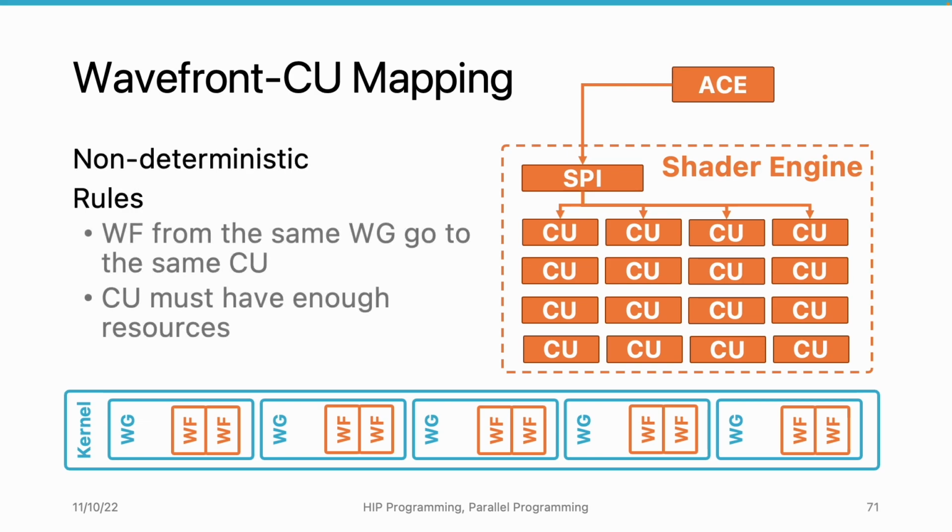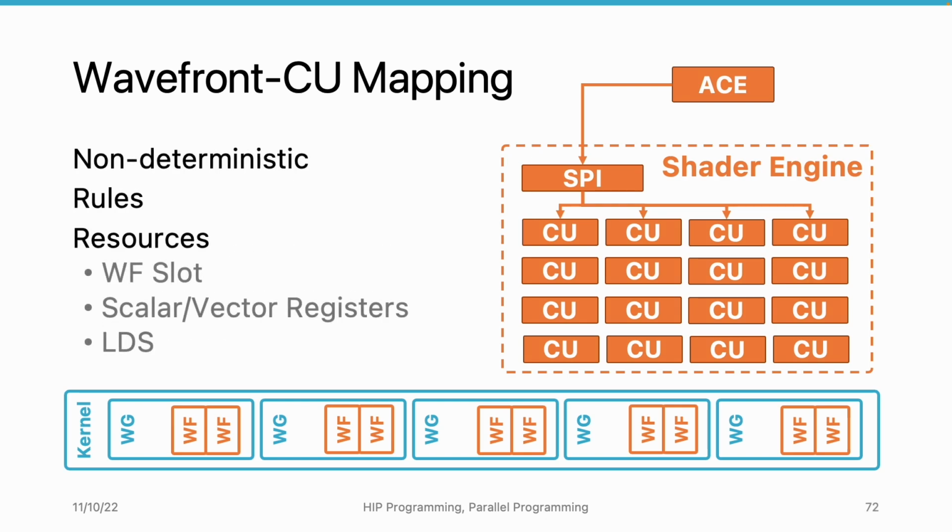So the first rule is that wavefronts from the same workgroup need to go to the same CU, because we want wavefronts within the same workgroup to communicate using shared memory or using barriers. And the compute unit must have enough resources to hold all the wavefronts within the workgroup. The resources include basically three parts.